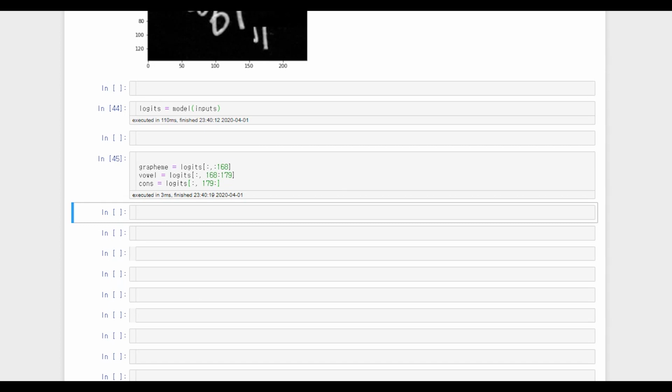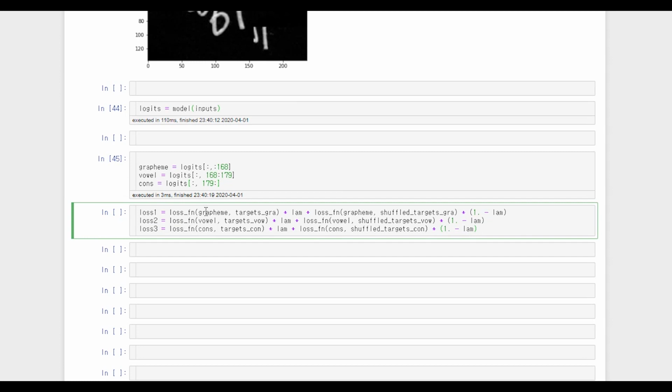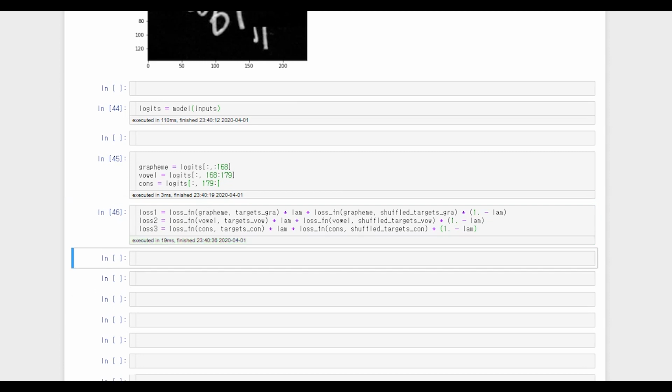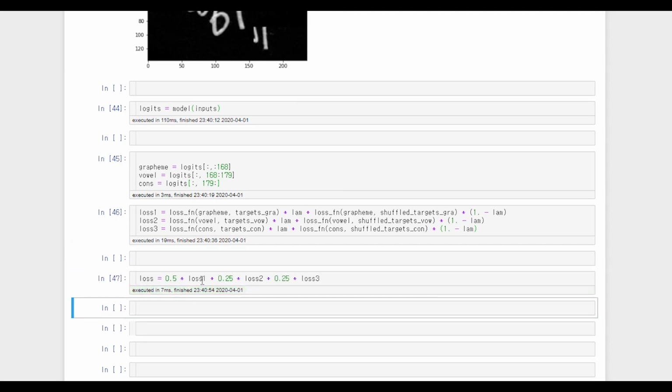Loss is the weighted sum of the original targets and the shuffled targets as shown below, where the weight is lambda. The final loss is the sum of three losses. Because the metric is calculated by a ratio of 2:1, multiply the weights as shown below.